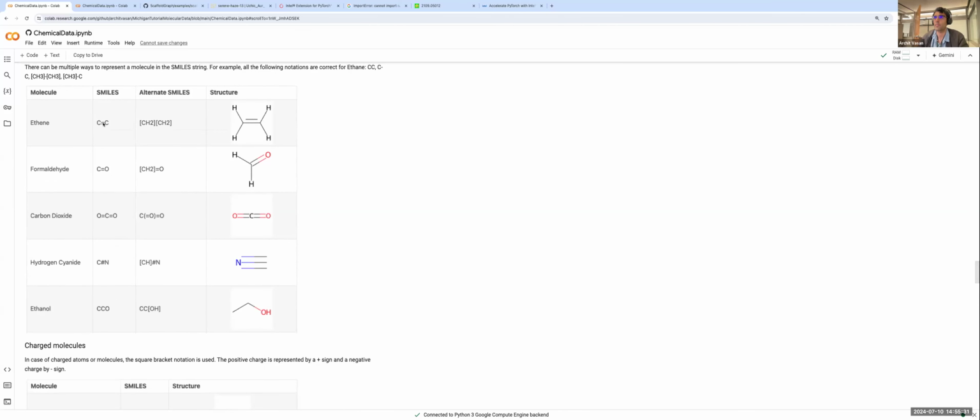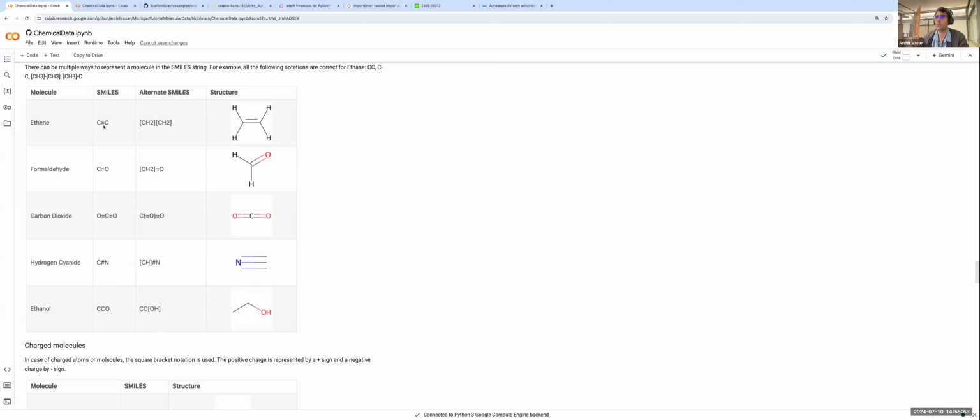Carbon ideally has four hydrogens, or four bonds, connected to it. Since this carbon is double bonded to a carbon here, you would have two hydrogens at each of these carbons right here.